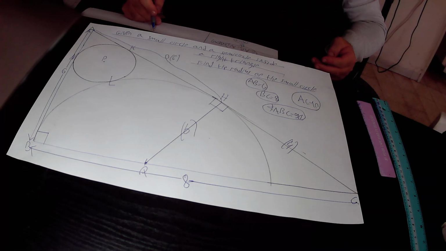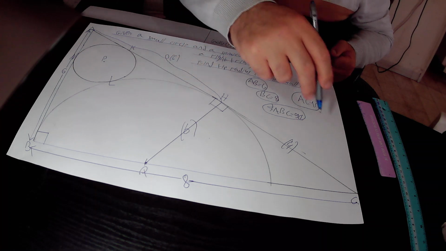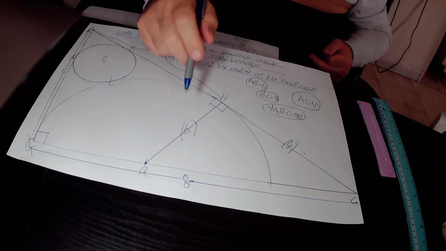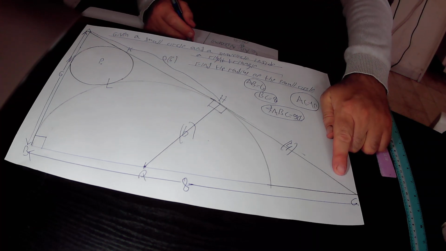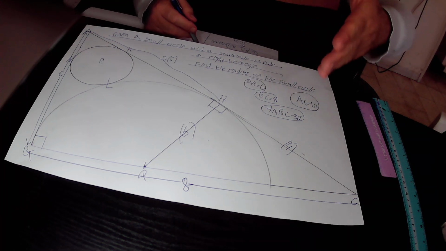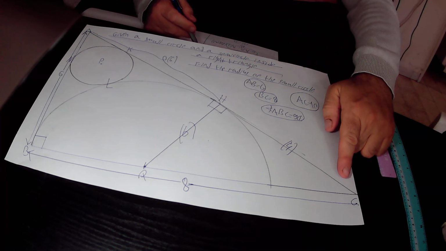Okay, so by doing this construction, we get the right triangle, triangle QHC. In the right triangle QHC, we have angle C. Angle C belongs to the right triangle QHC, but angle C also belongs to the big right triangle, triangle ABC. So angle C is the common angle that belongs to both triangles. We define the size of this angle, angle C, as alpha.